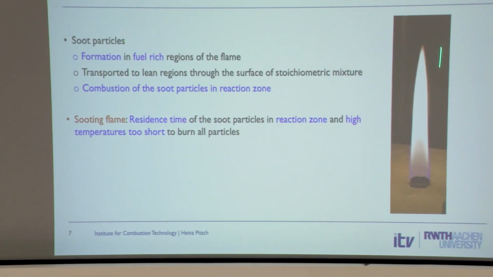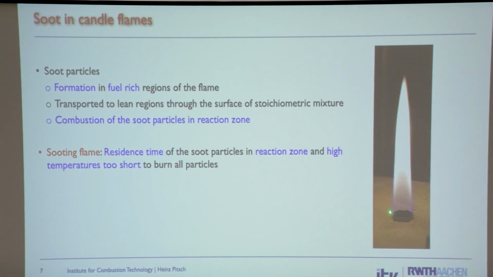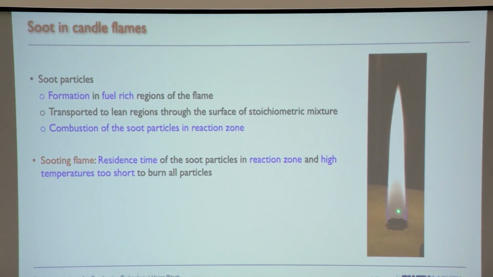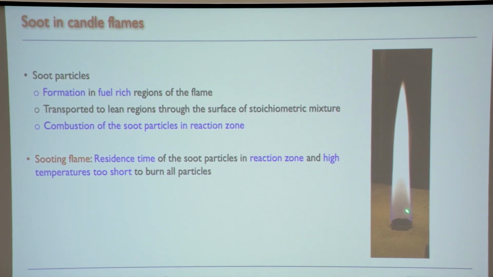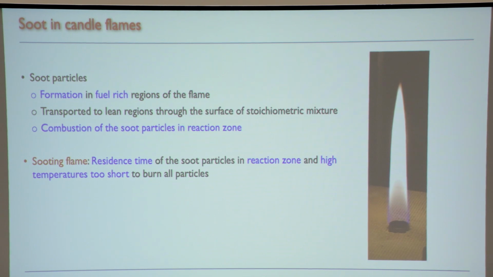I mentioned soot here, and again, very close to the burner, you see this blue layer on the outside. That's the reaction zone, and you see soot is not formed here. It takes quite some time until soot forms, because soot formation is a really slow process.